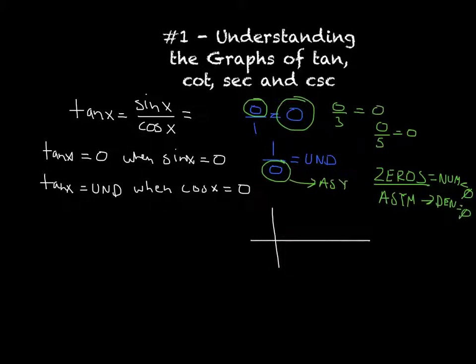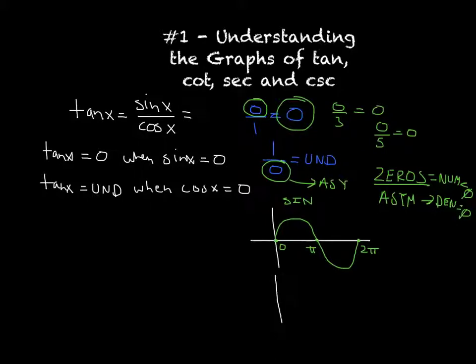So, we'll do the sine graph first. And let's see what the sine graph looks like. Alright, it's going to look like this. And where does it cross? It crosses at 0, at pi, and at 2 pi. Alright, let's go ahead and look at the cosine graph.